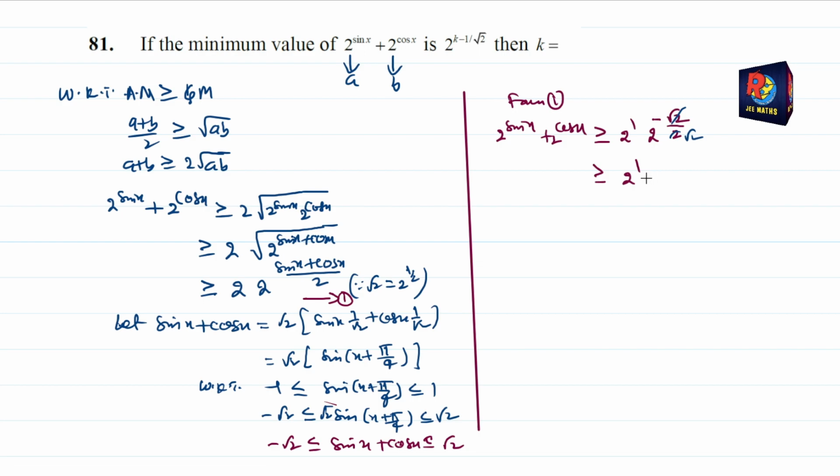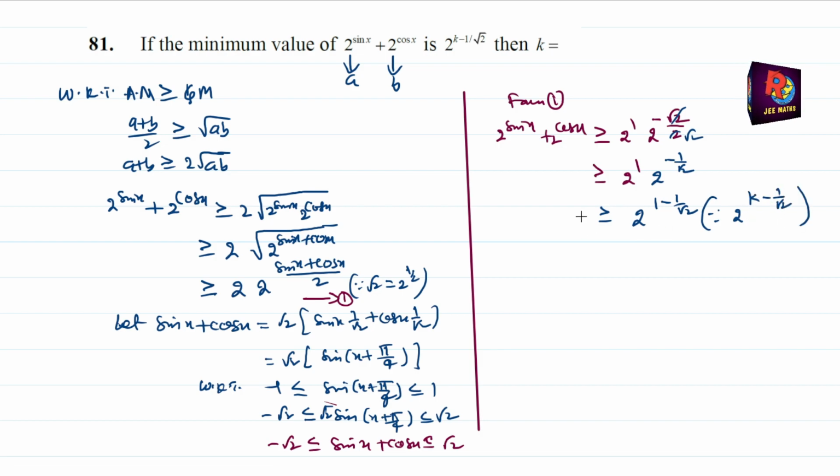Then after that 2 power minus 1 by root 2. Bases equal, powers should be added: 2 power 1 minus 1 by root 2. It is already given that this value is 2 power k minus 1 by root 2. By comparing these values, therefore k value equals 1. Answer is 1 only.